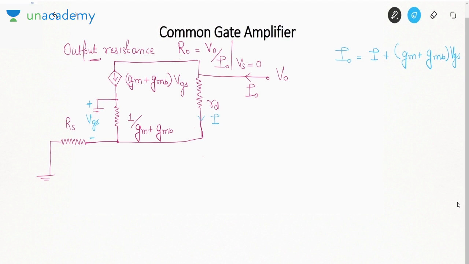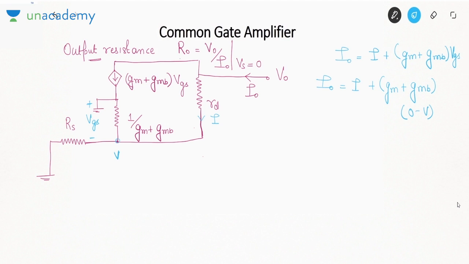Now gate is connected to ground. Suppose the voltage of this terminal is V. So I0 is actually I plus (Gm plus GmB) into VGS. How will you write VGS? 0 minus V. Okay, that is your VGS.